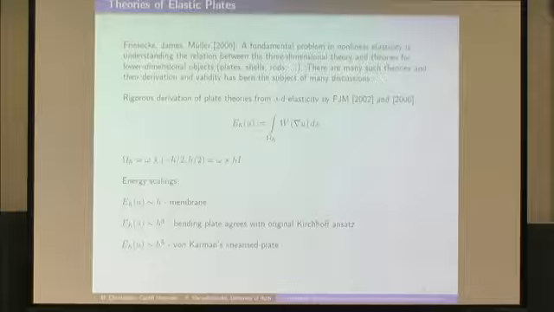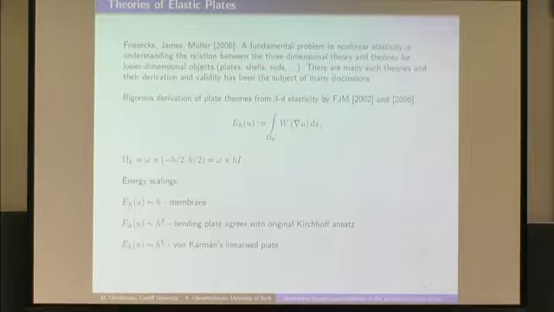Stretch gives you a displacement of order 1. So it means that the density of elastic energy should be of order 1 as well. And when you integrate over this domain, whose volume is of order h, you end up with this energy scaling.